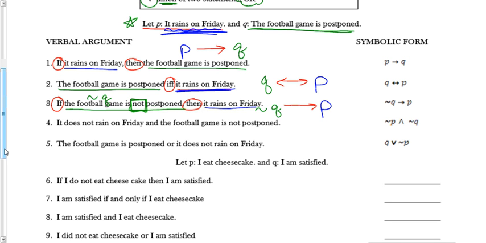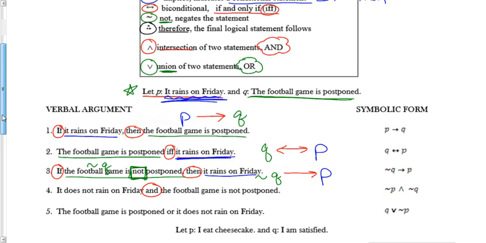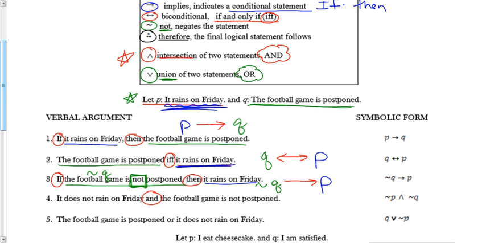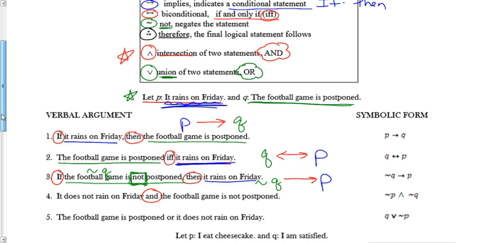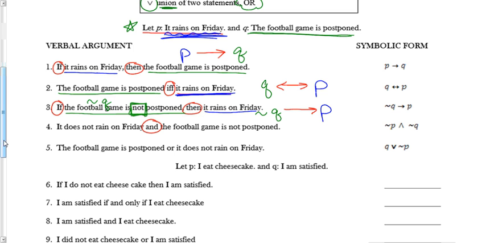Next one, I do not have an if statement in there. The statement that I have is an and, going back up to my list, and is right here, and that is the upside down V. So I have an upside down V, and it does not rain on Friday.